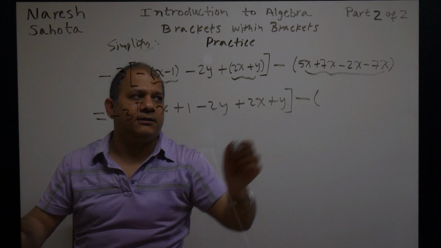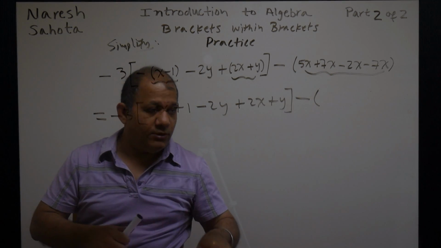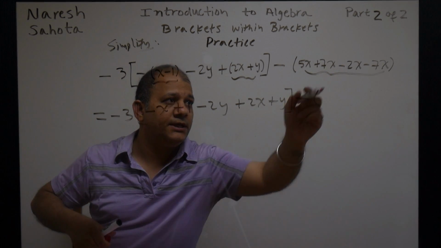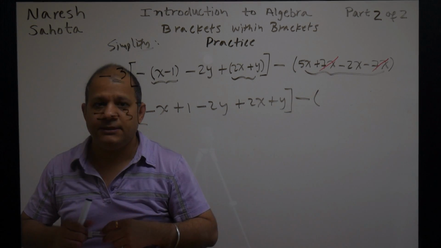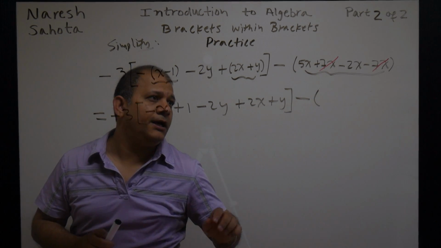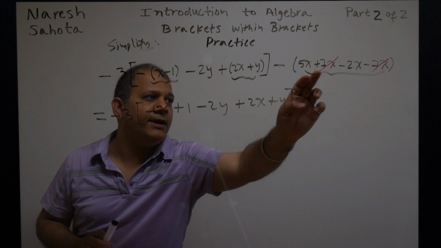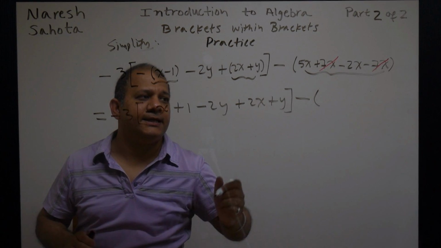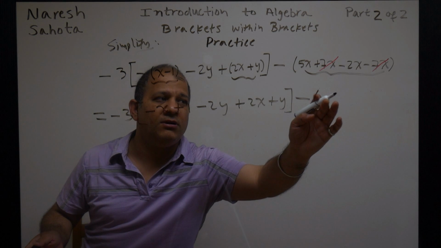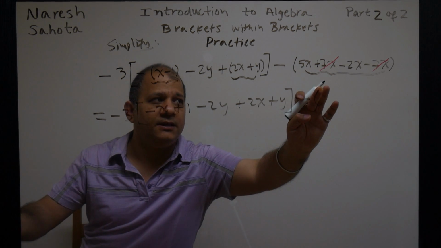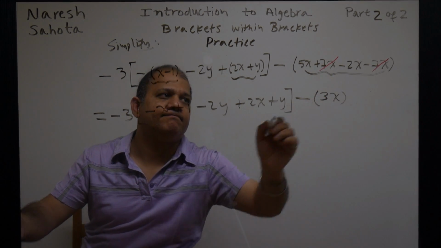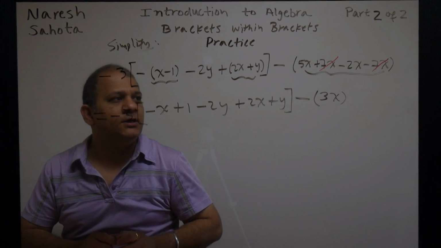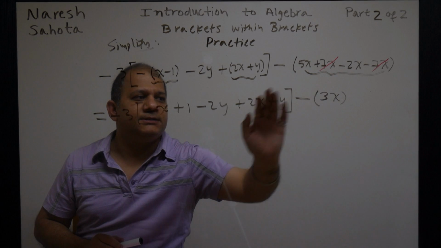They're all alike, right? So when we collect them, we can actually cancel +7x and -7x. They cancel each other out, and we're left with 5x, take away 2x, that gives us 3x. So 5x take away 2x is 3x.